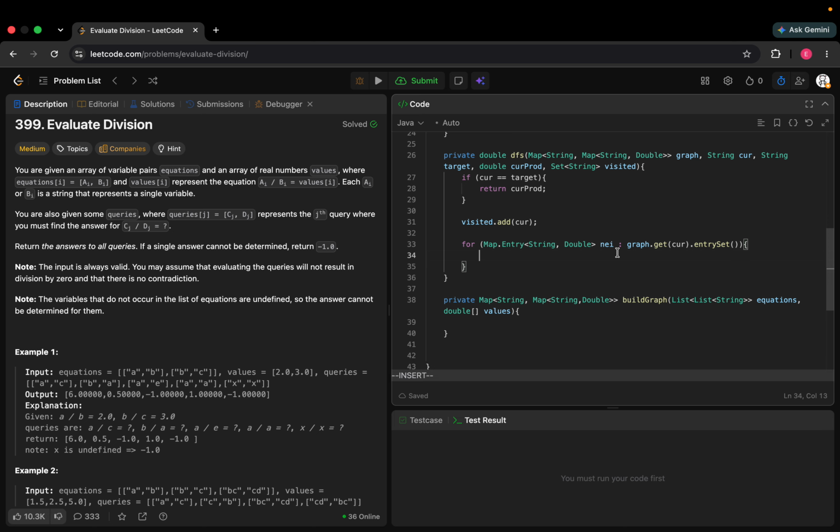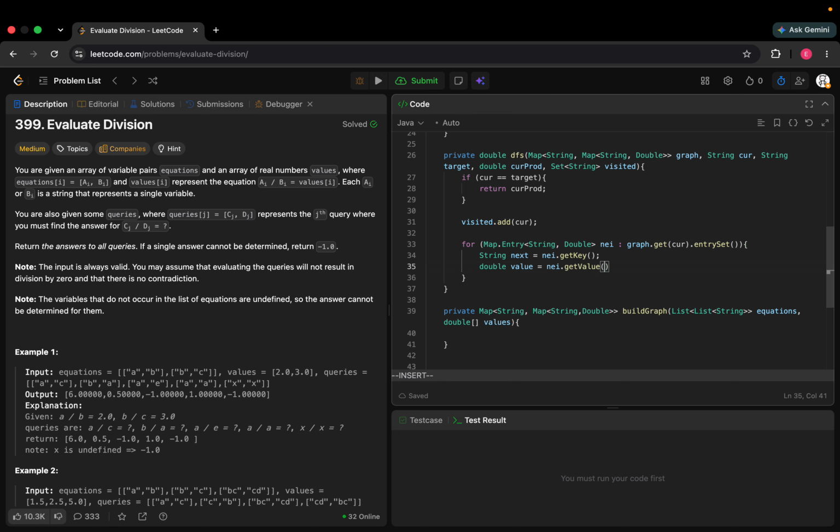Then what I should do is get the neighbors, and neighbor has the string and neighbors. So we string, which means the next. Next is they get key, and for the double value here is they get value here.